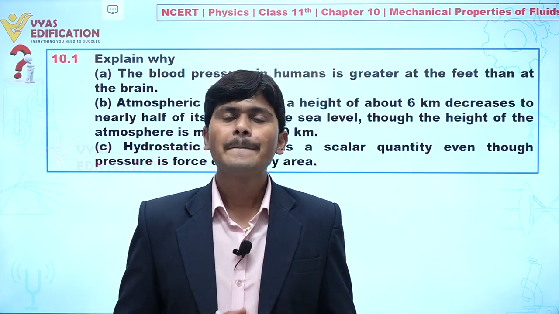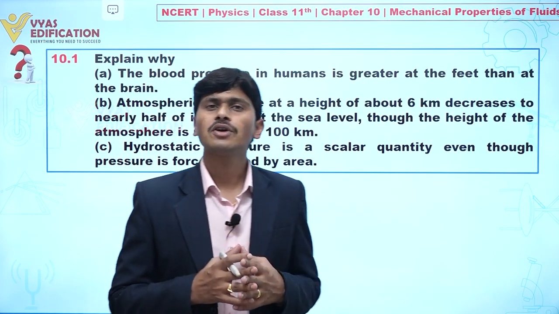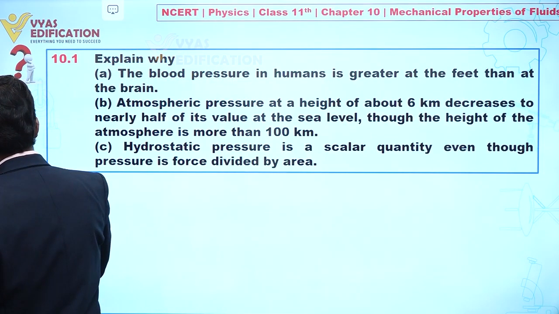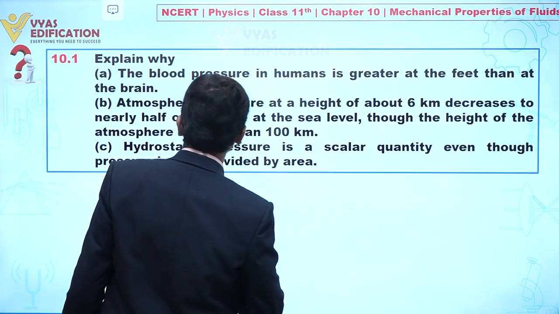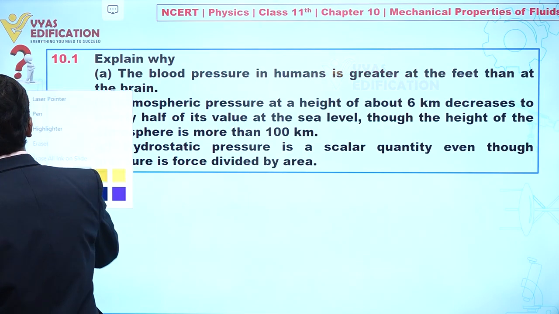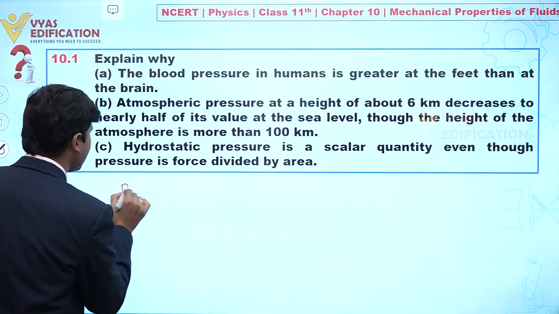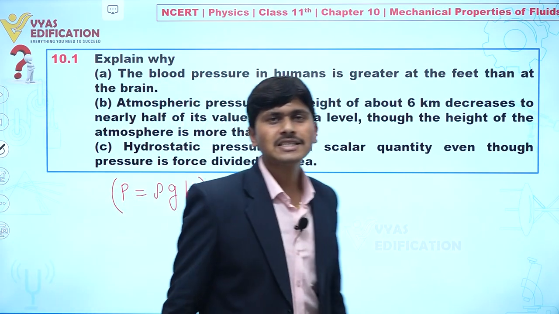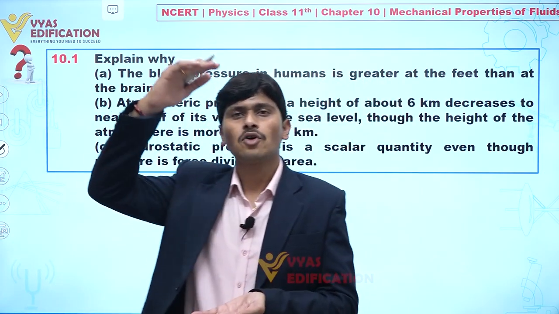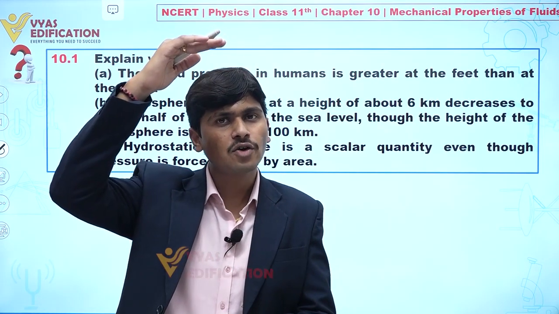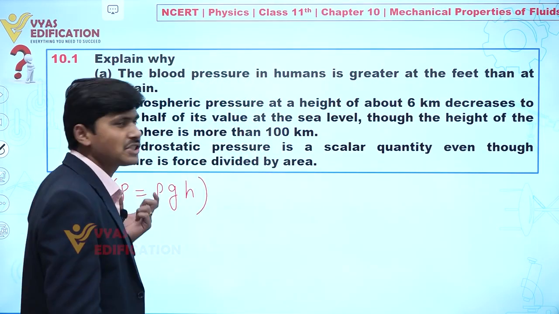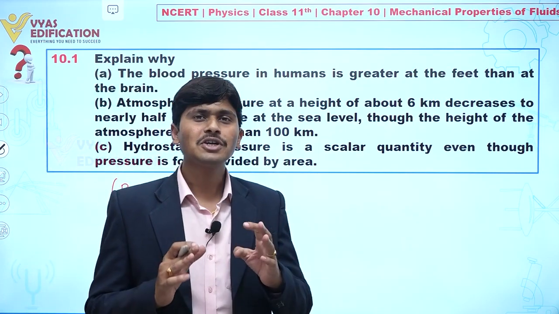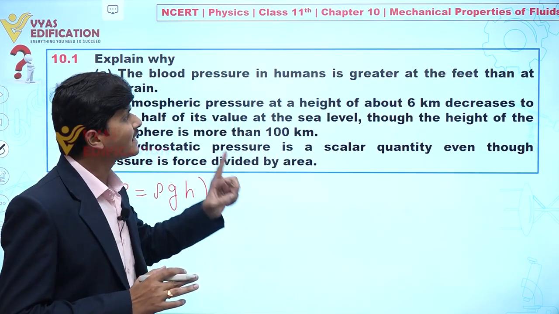We know that gauge pressure is given by P equal to rho g h. As the height of a liquid column increases, pressure increases.